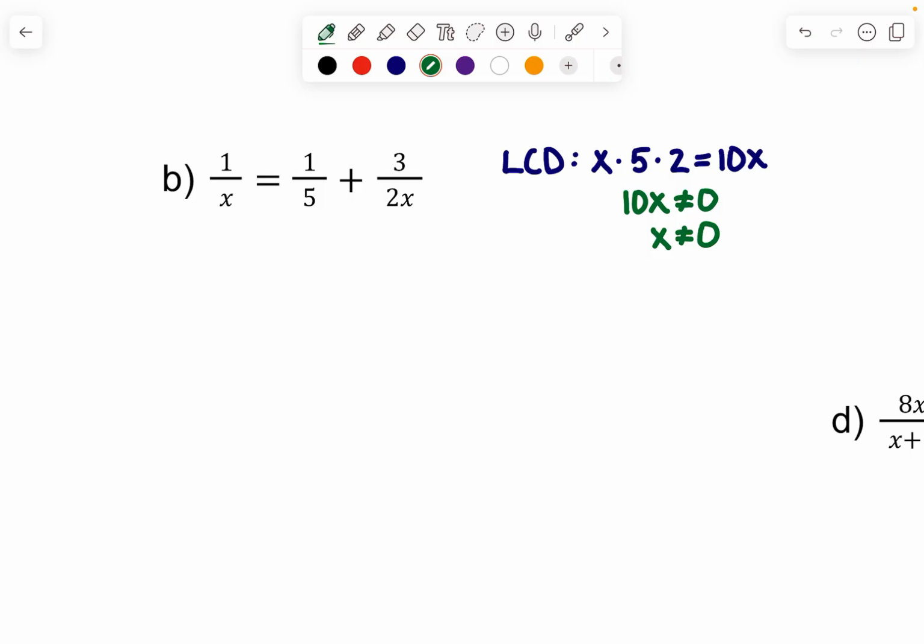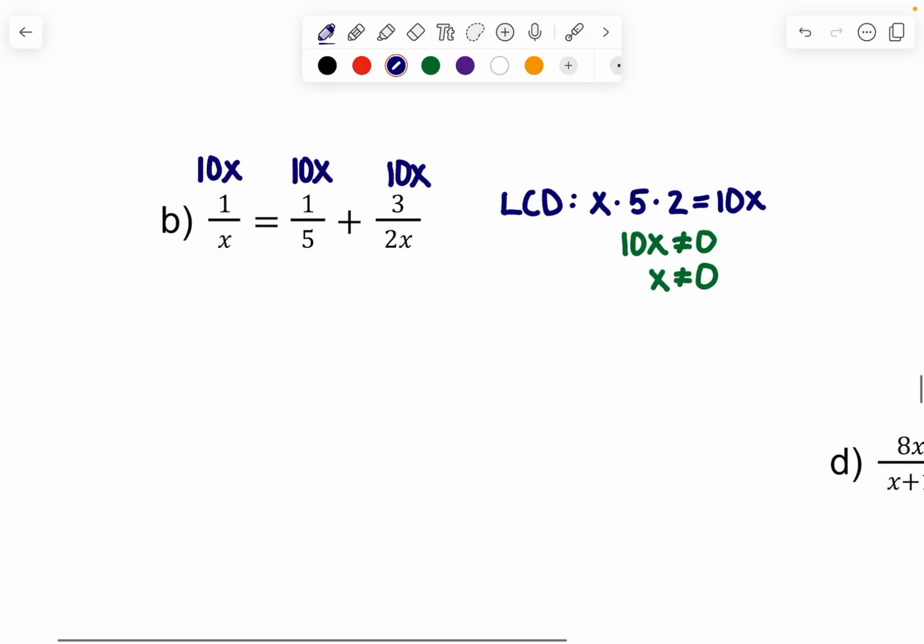And then we're going to take our LCD and we're going to, again, multiply it by every term. So I'm going to just write it above each term. And then we're going to divide, so that way we can get rid of our denominators. So 10x divided by x, we're just left with 10.